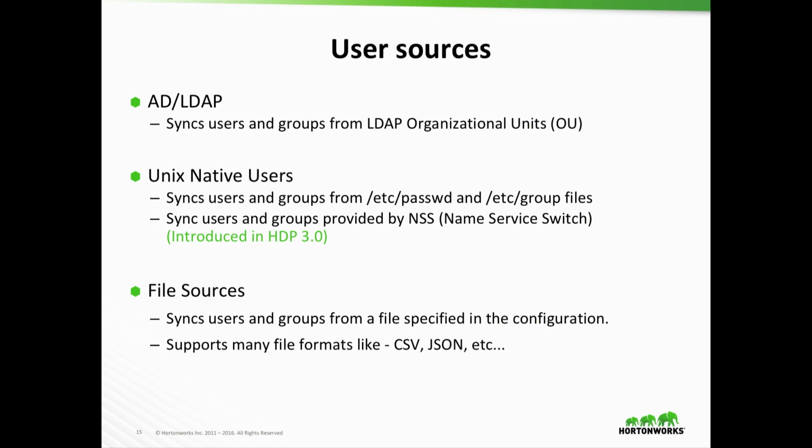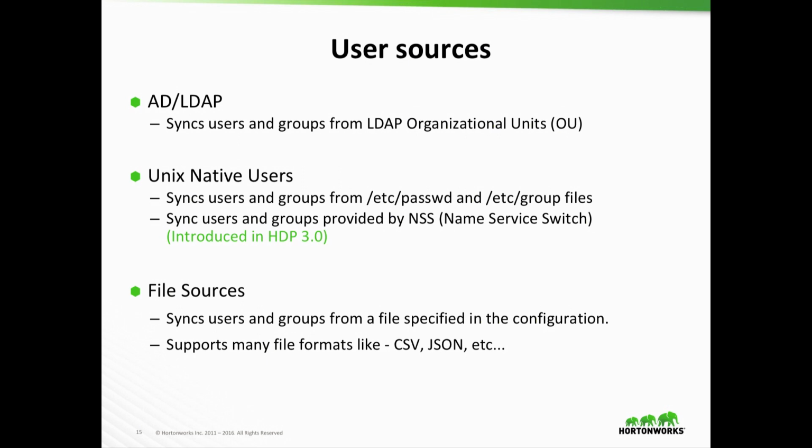So as we talked, there are multiple sync sources that Ranger supports to sync the users and groups from. The first one, as we talked before, can talk to directory servers like AD or LDAP, and you can configure a particular organizational unit or multiple organizational units and sync the users and groups from there. It also supports Unix native users, reading in from etc password or etc group files.